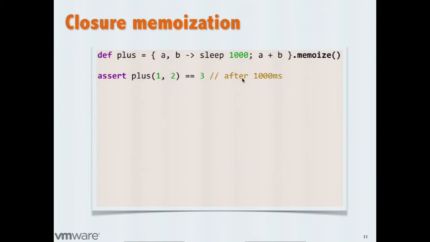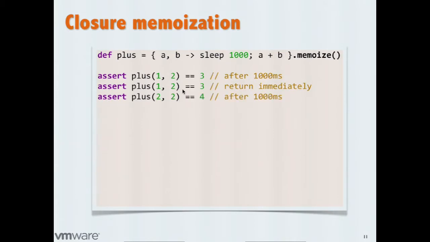That's correct, but after 1 second. On the second invocation, it's going to return immediately because it retrieves the value from a cache. Then if I take some other values which are not in the cache, it's going to take 1 second again, and the second invocation of that closure will return immediately.